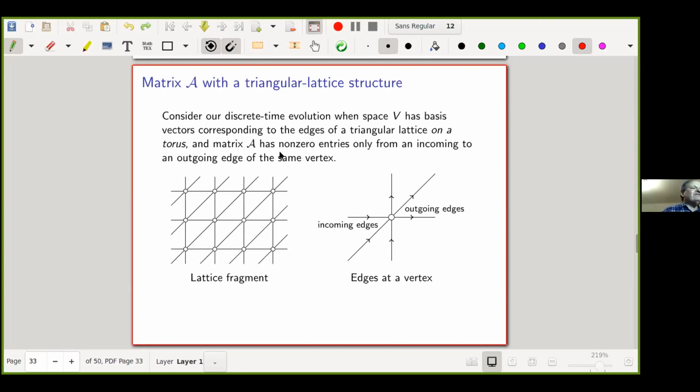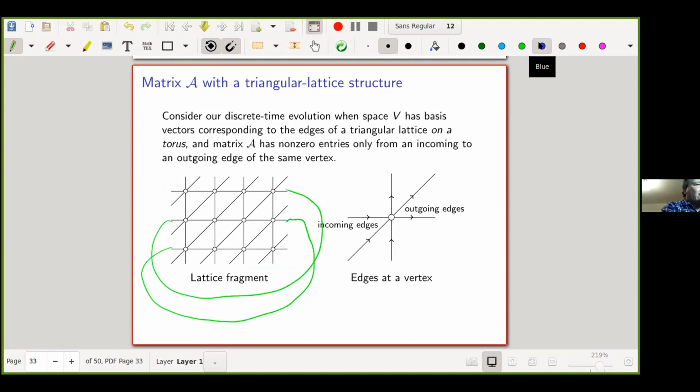On a torus, for instance, okay, torus may be as you like. For instance, this may be closed here, or whatever you want. It just is somehow situated on a torus.